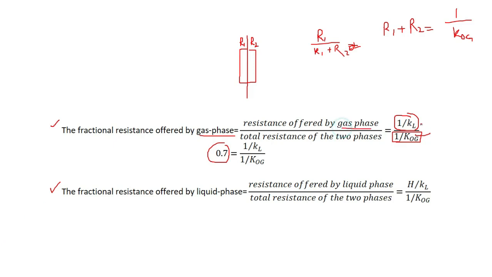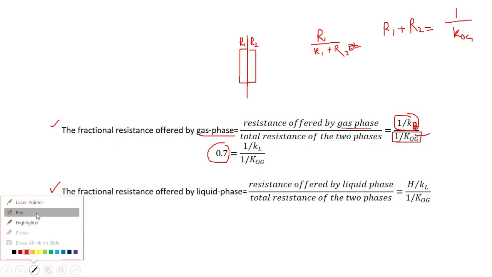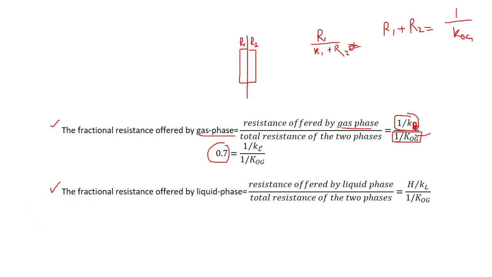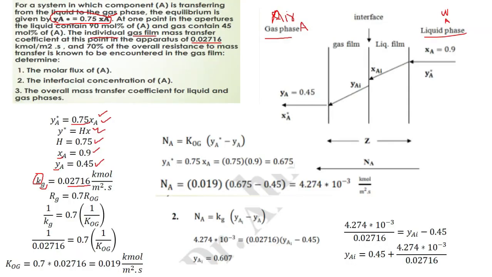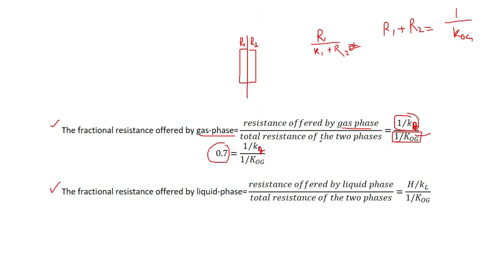As it is the gas phase, I have to write here kg. So 0.7 is equal to 1 over kg divided by 1 over kog. Just for the sake of understanding, this is the total resistance of the two phases. This is phase 1, this is phase 2.